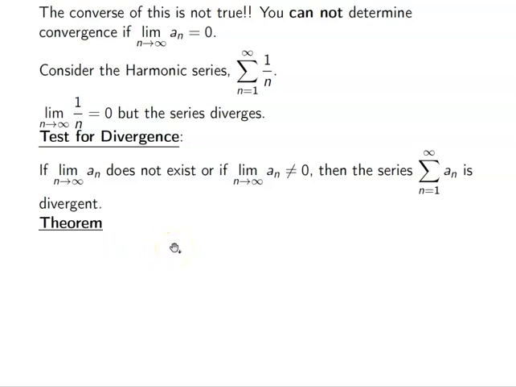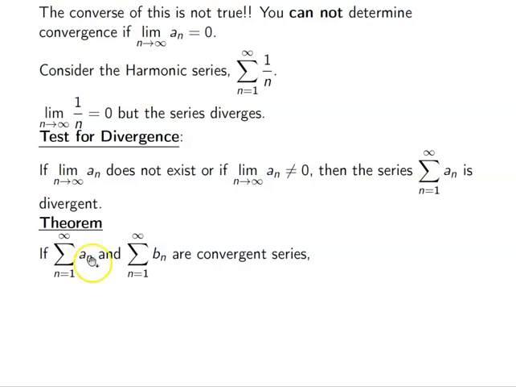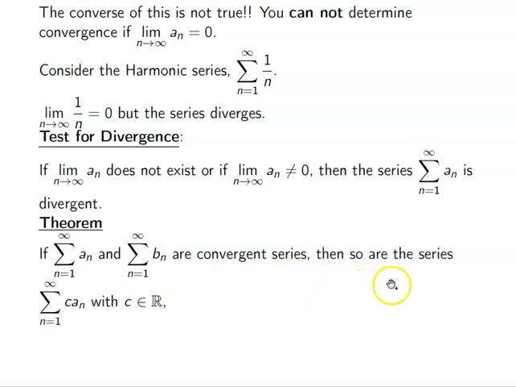Theorem. If the series of terms a_n and the series of terms b_n are convergent series, then they follow a few rules: the series of c times a_n is also convergent, the sum of two convergent series is convergent, and the difference of two convergent series is convergent.